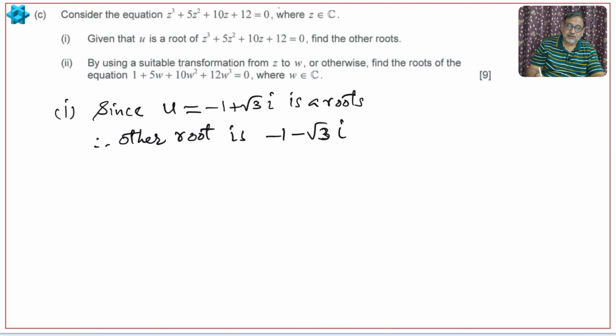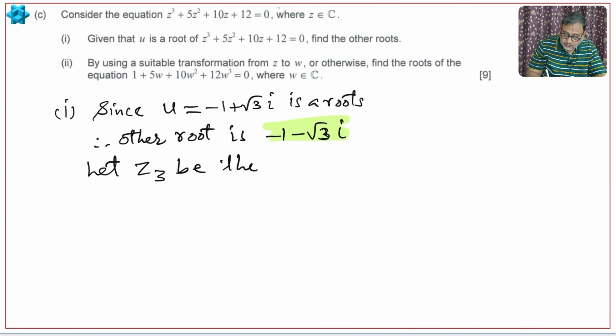Real part we keep the same. So the other root is this. This is the second root, okay. Now we have to find the third root also. So let z3 be the third root. This is a 9 marks question.